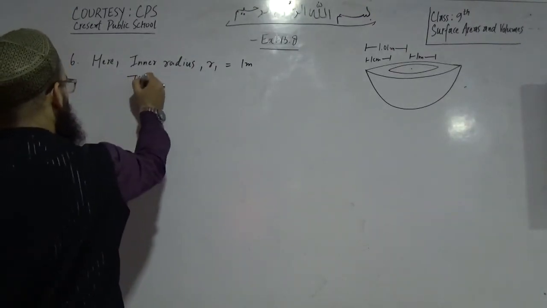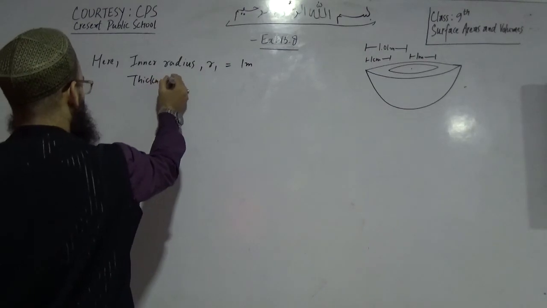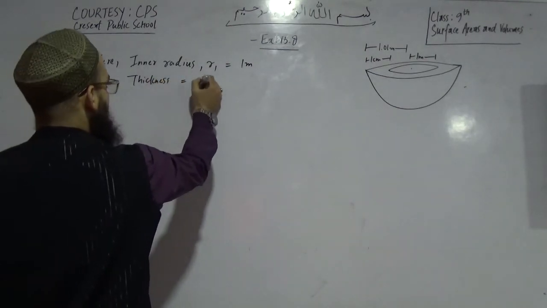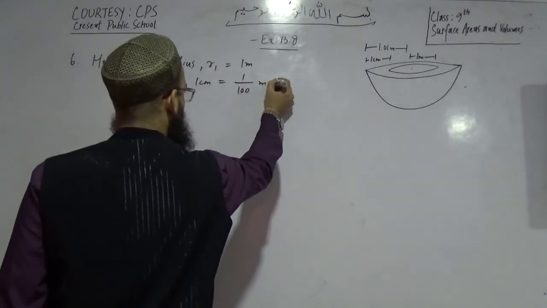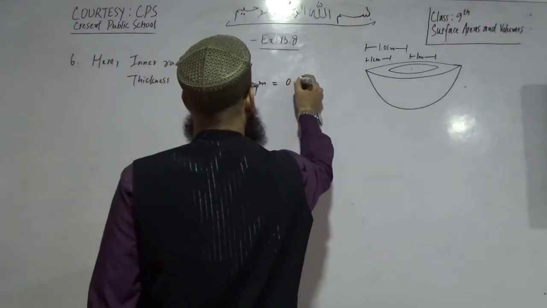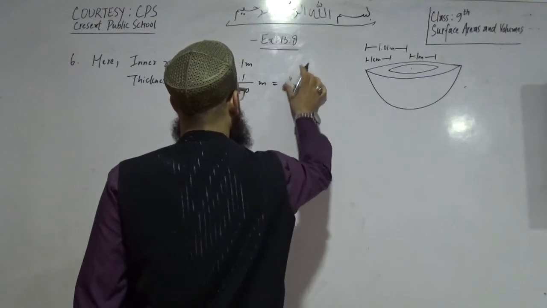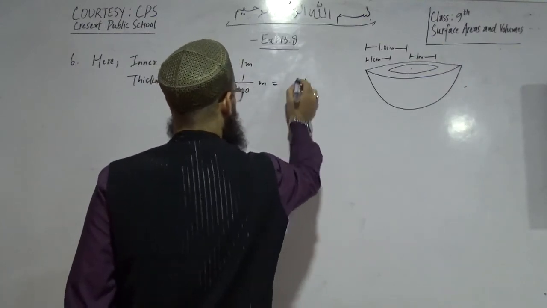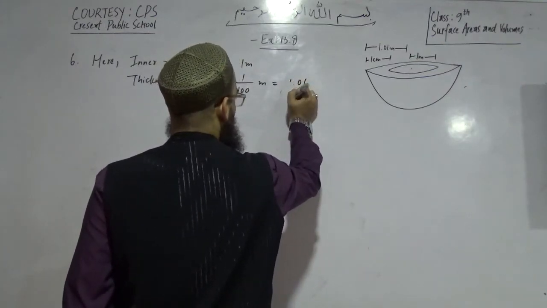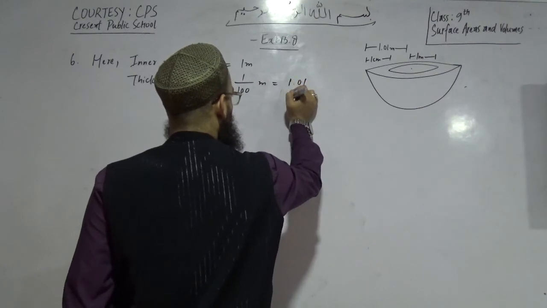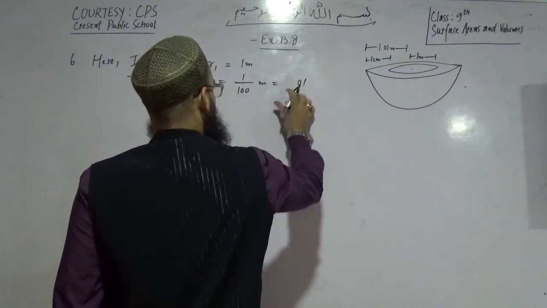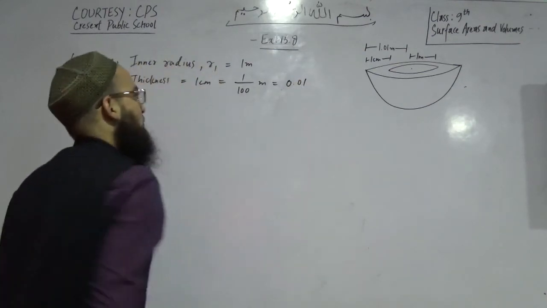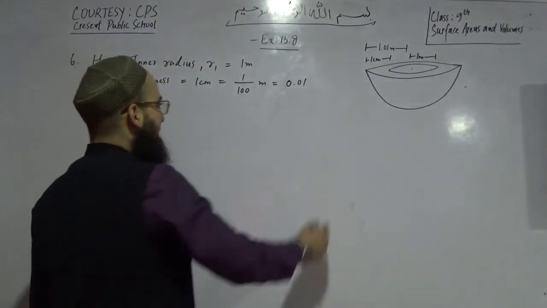Thickness is 1 centimeter, and that is equal to 1 by 100 meter, that is 0.01 meter.